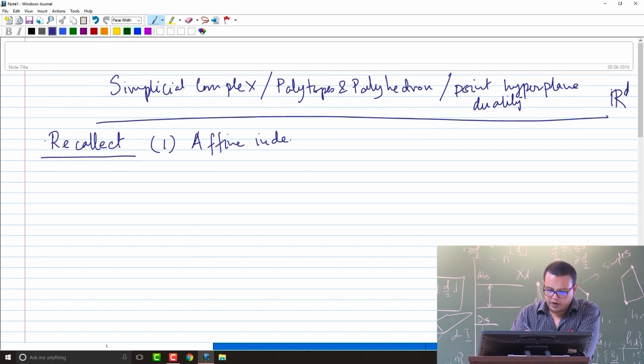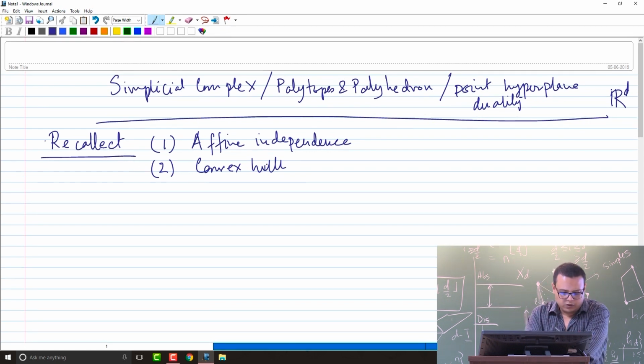The second thing I will need is convex hull. These definitions I will not repeat.